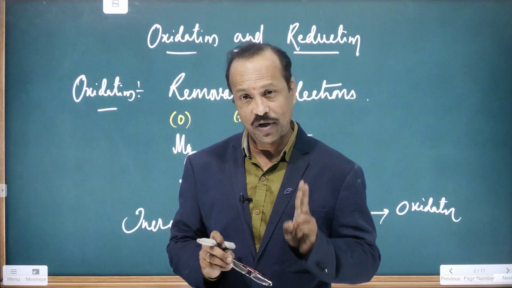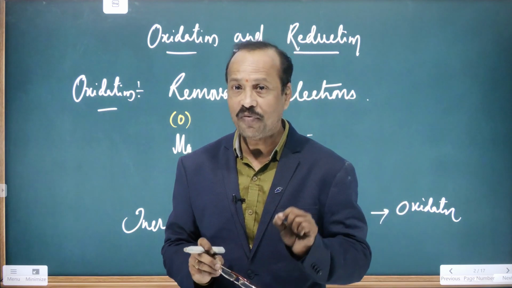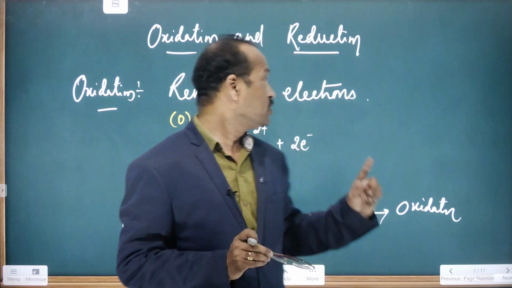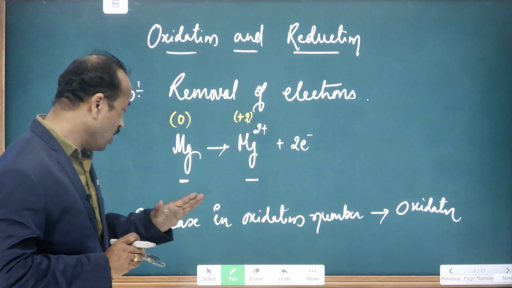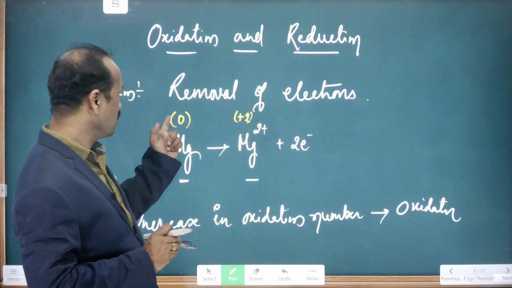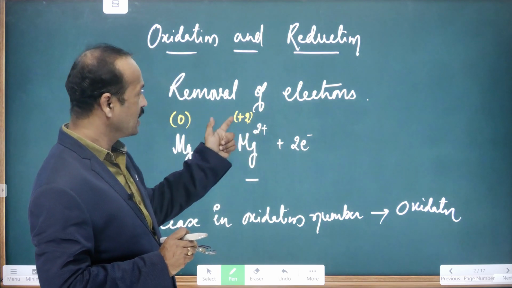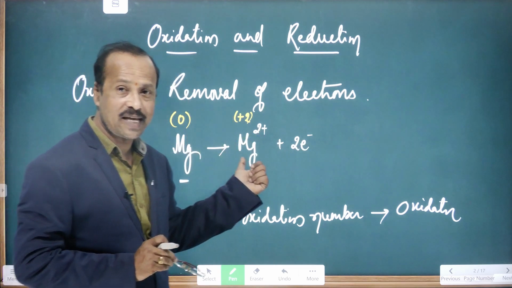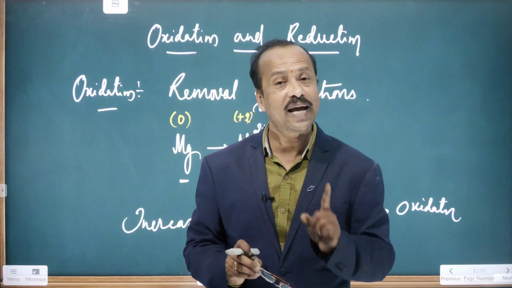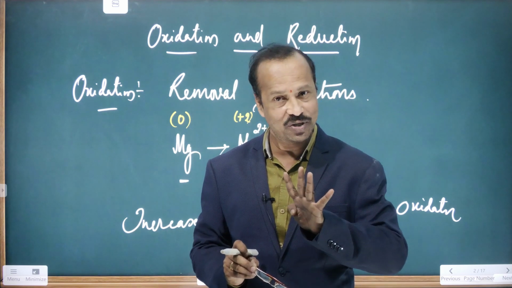Apart from these, 2 more definitions we are studying now: loss of electrons, or removal of electrons from an atom or ion, and increase in oxidation number. Here the oxidation number of magnesium is 0; by losing 2 electrons, its oxidation number increased to +2. So a reaction in which an element's oxidation number increases is also called oxidation. So, 4 definitions of oxidation.